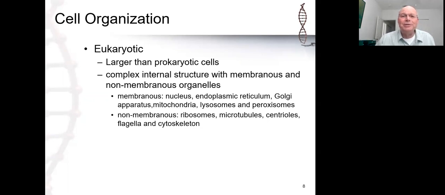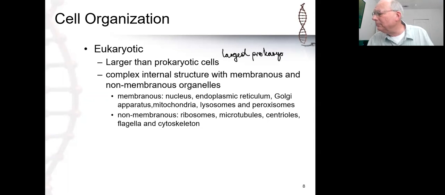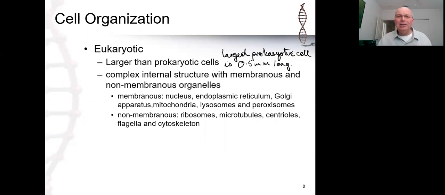That does not necessarily mean that that is uniform, because the largest prokaryotic cell, and it's a bacterium, is about 0.5 millimeters long. And at that size, it's just below the limit of size that our eyes could detect unaided.